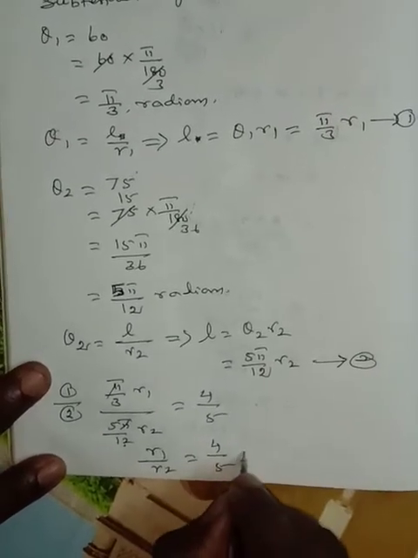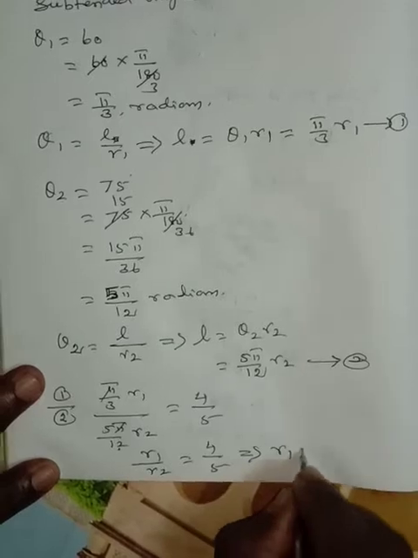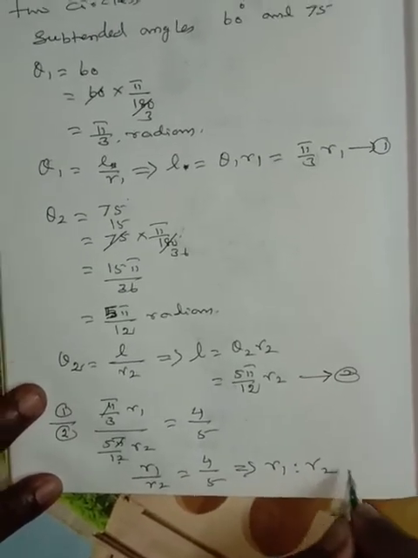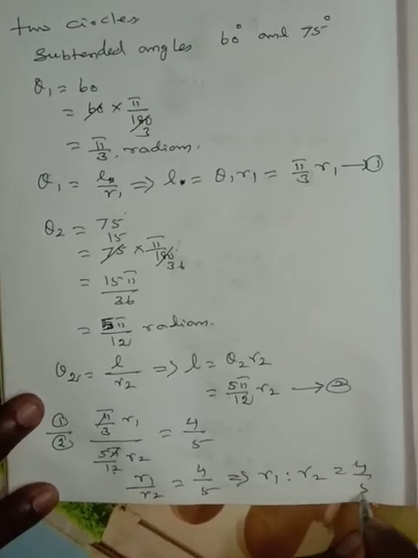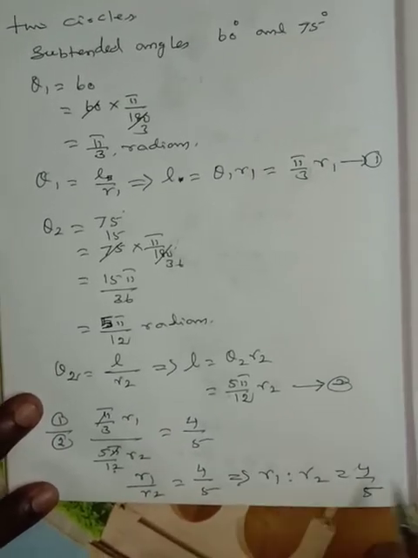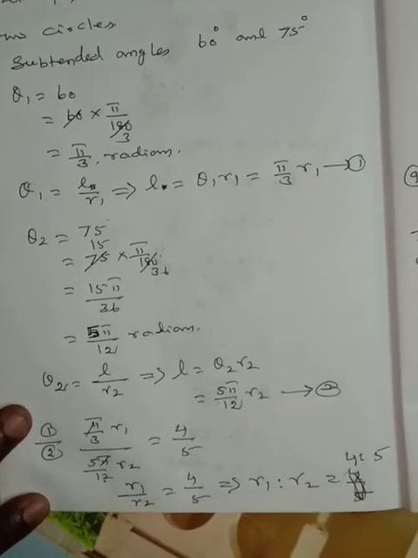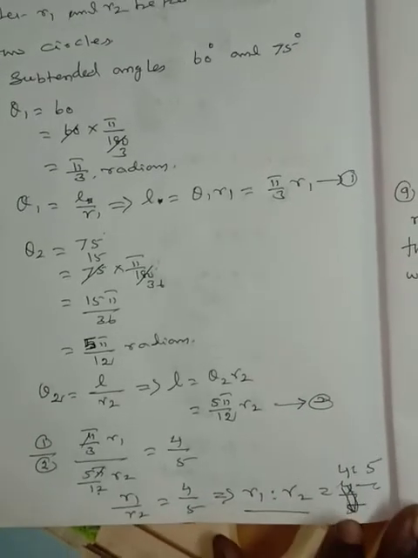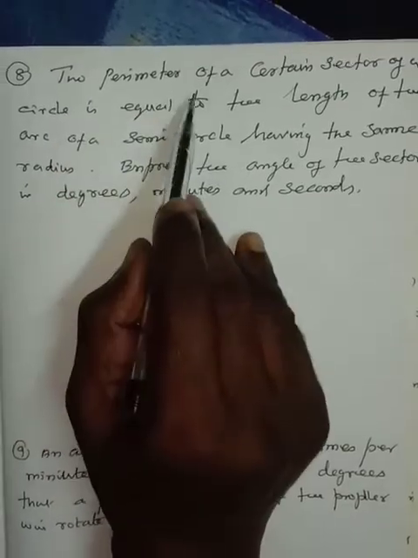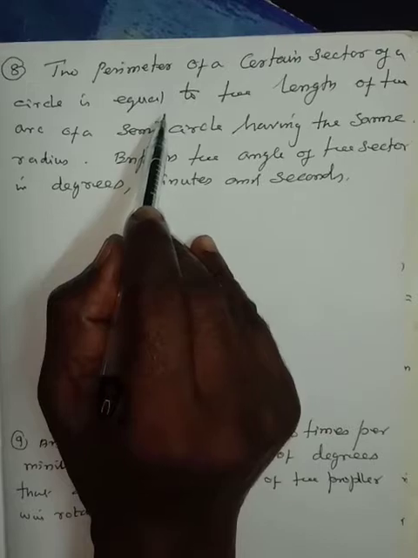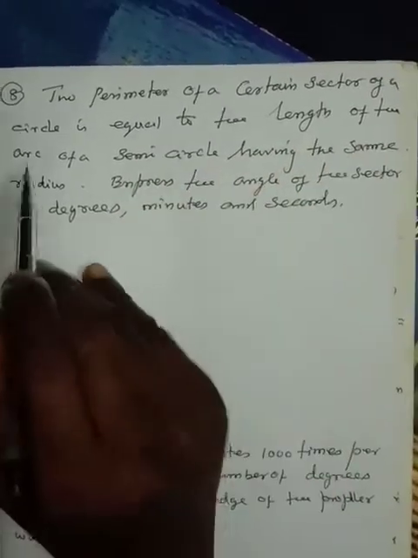Now pi cancels. This implies R1 to R2, the ratio between R1 and R2. Therefore R1 is to R2 is equal to 4 by 5, which means 4 is to 5.